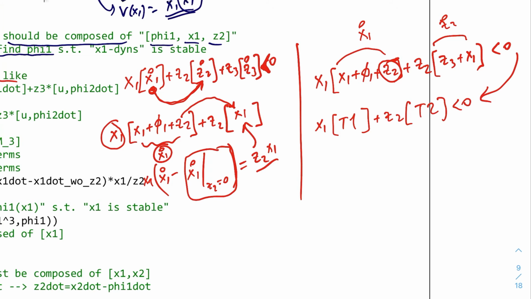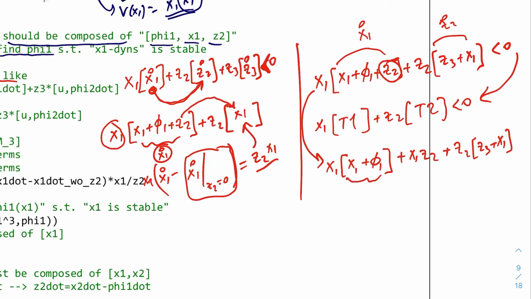How would you, as a human being, do that? You would write, probably, if you're like me, something like this. Now this is okay, but we want to have this.